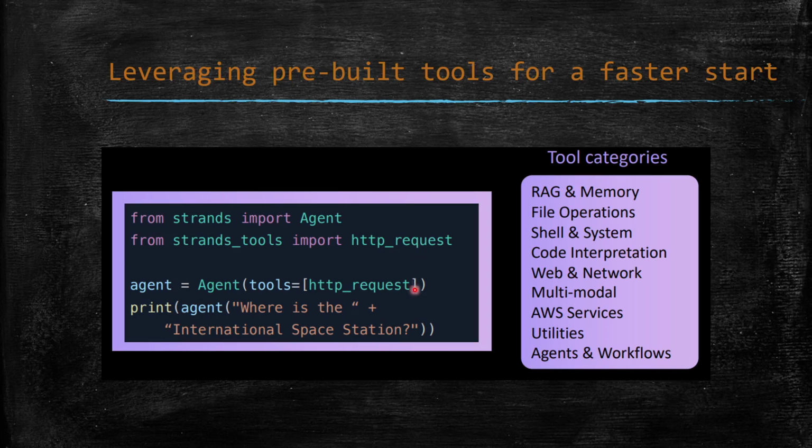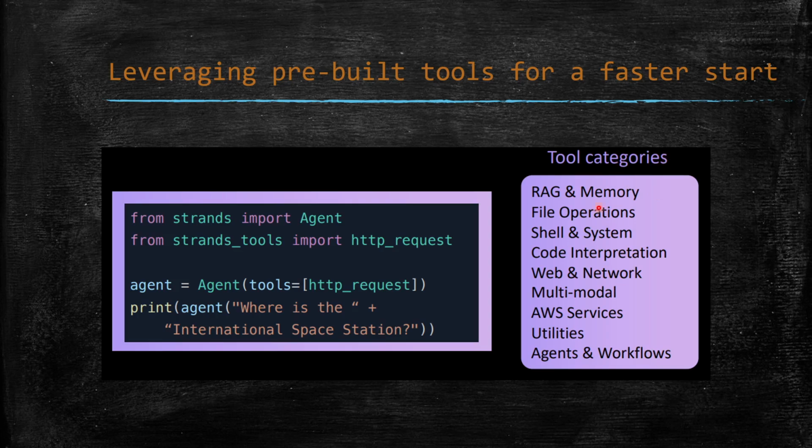Or, what is the International Space Station? This is how a web search would happen. ChatGPT cannot go and do a real-time web search, so you need some tool that provides the answer. So I add the tool I imported, and then print the response to the question, what is the International Space Station, and you'll get the response. I'll show you the example in the demo as well.